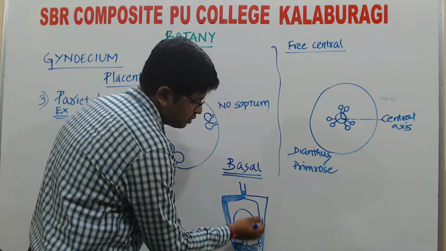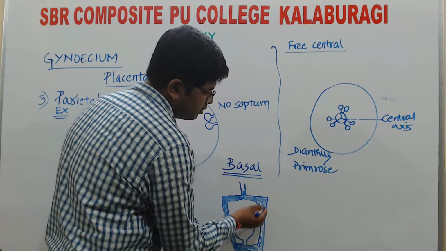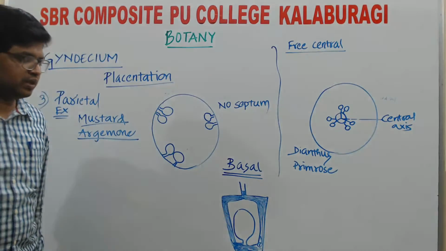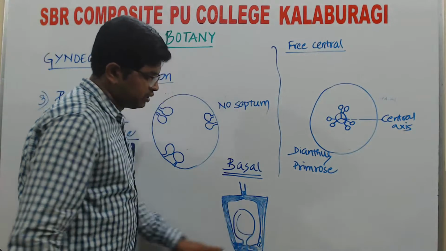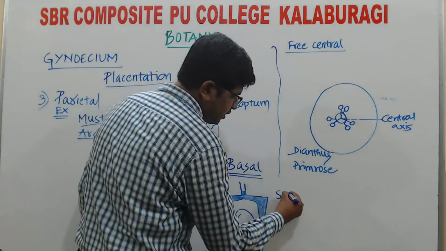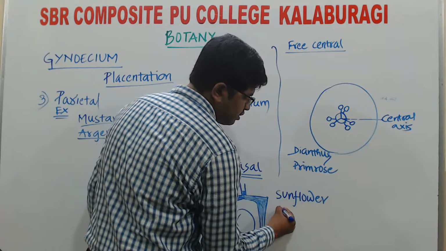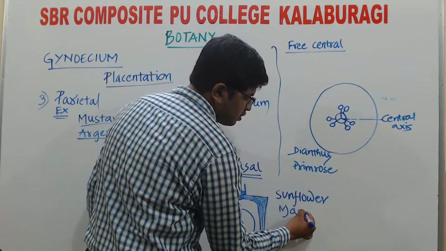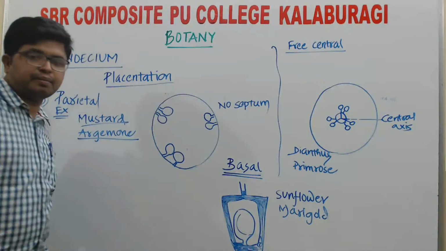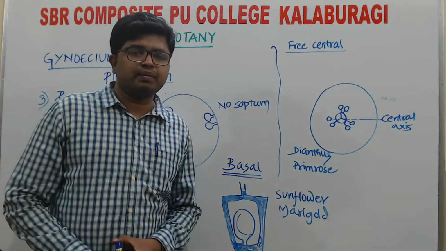So this is the basal placentation. You will find that a single ovule is found within the basal ovary. This is the ovule. The examples here are sunflower and marigold. Both are examples for the basal type of placentation.